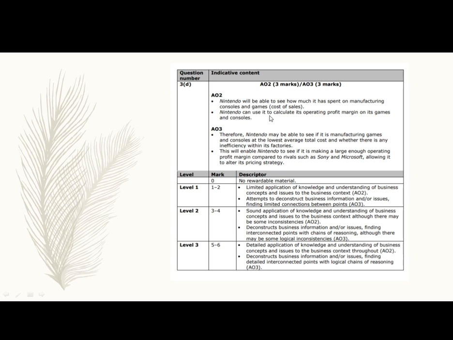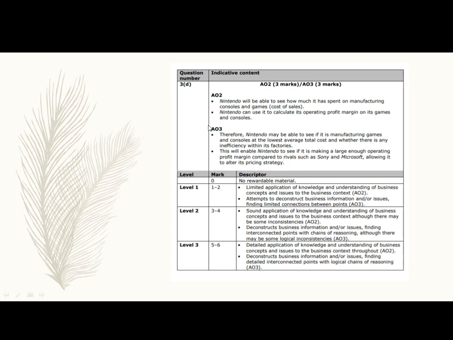Also, it can use it to calculate its operating profit margin on its games and consoles, and this will enable Nintendo to see if it's making a large enough operating profit margin compared to rivals such as Sony and Microsoft, allowing it to alter its pricing strategies.